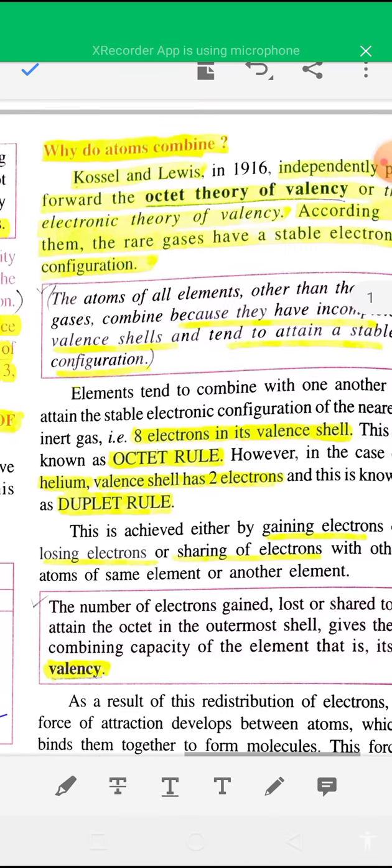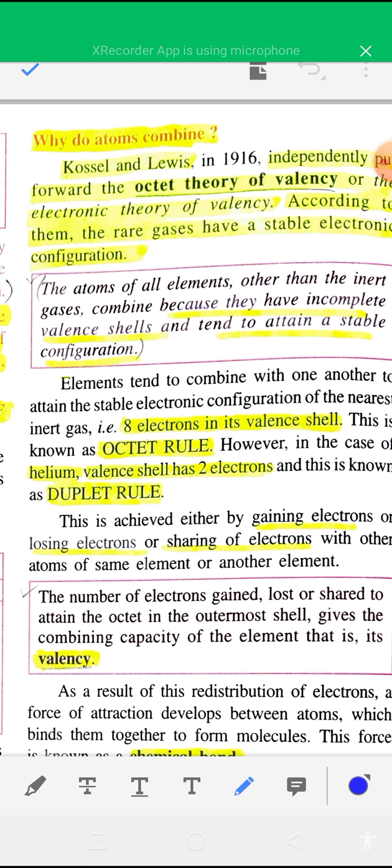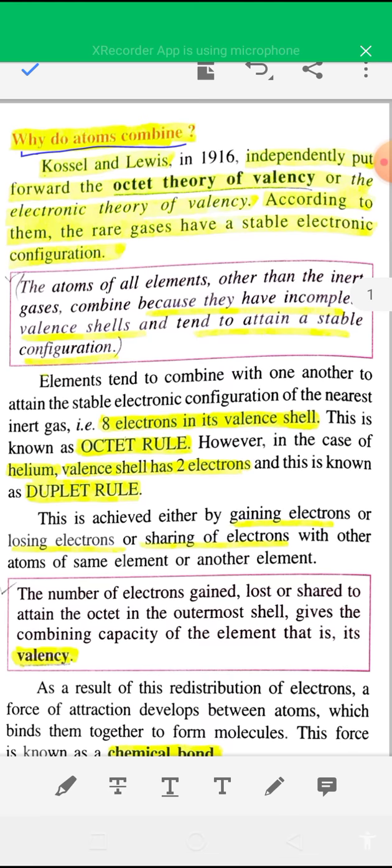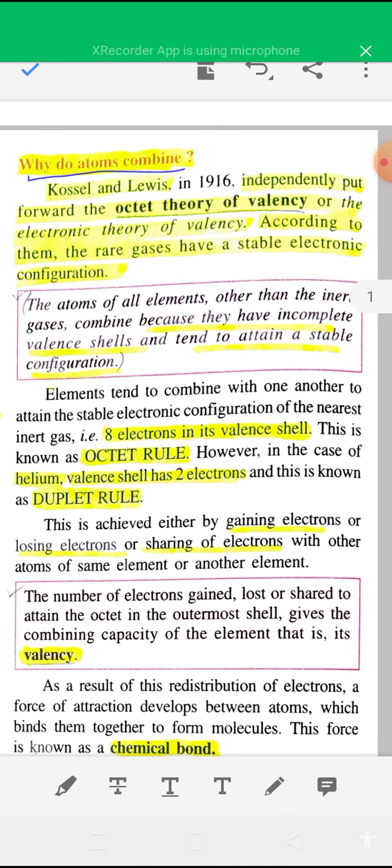Now here one question is given: why do atoms combine chemically? To get stability. The answer is to get a stable electronic configuration. Kossel and Lewis independently put forward the octet theory of valency, or the electronic theory of valency.